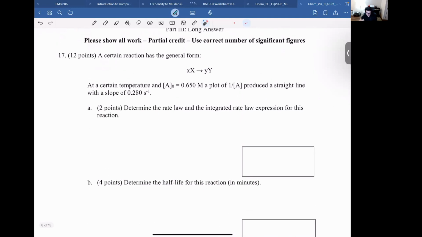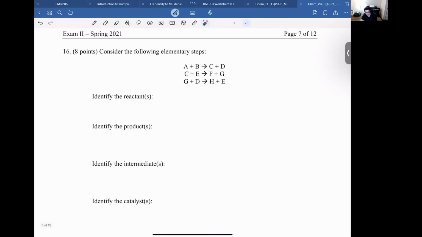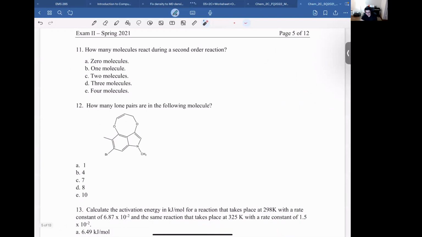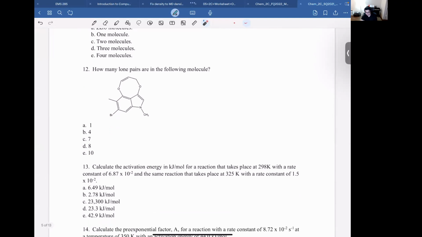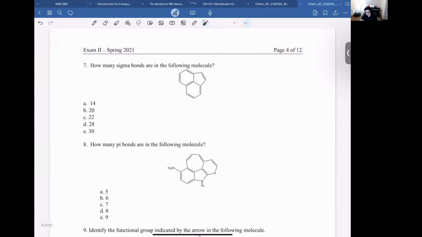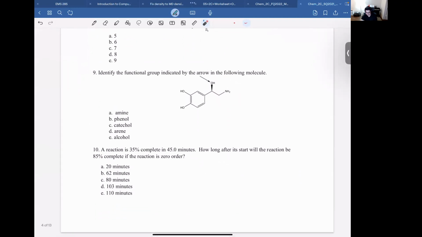This one is much the same as the last one, 13. That one's pretty easy. Yeah, I guess we've done one of every type of question.